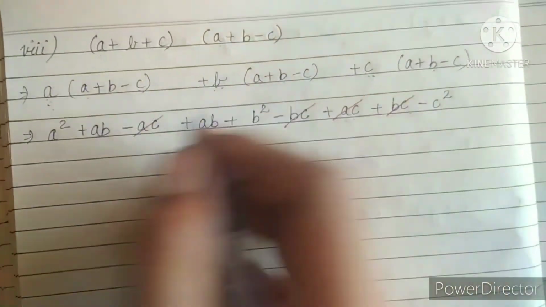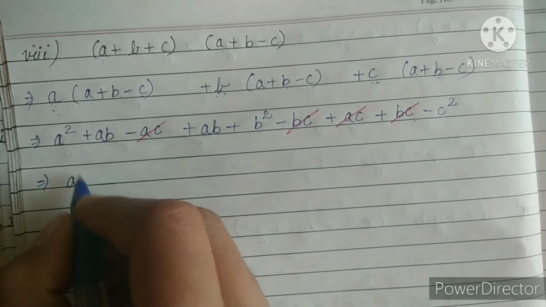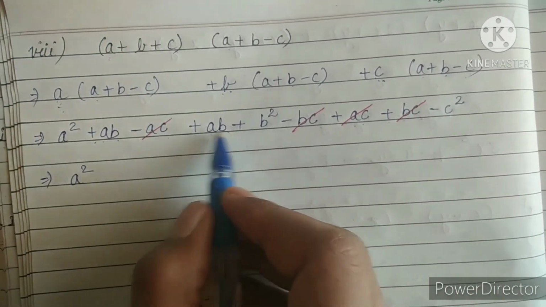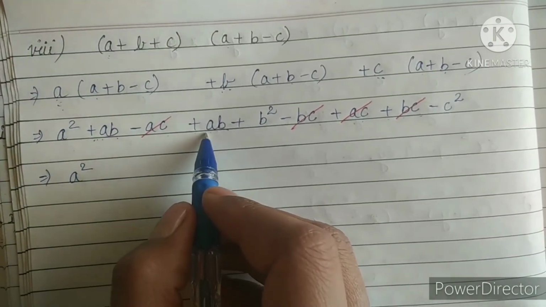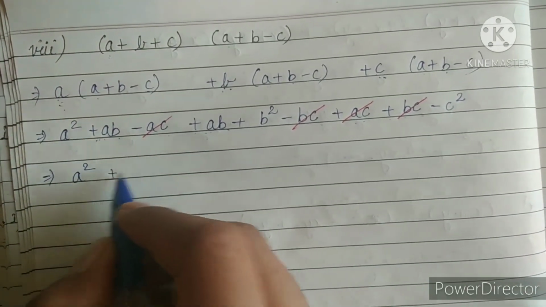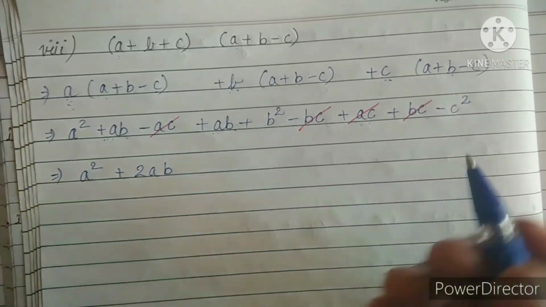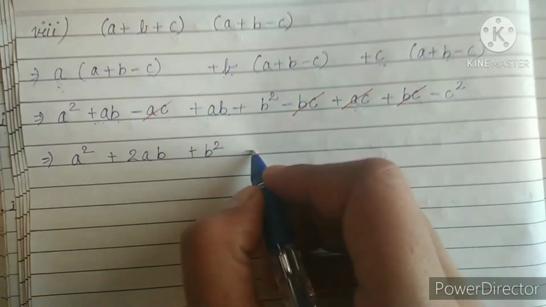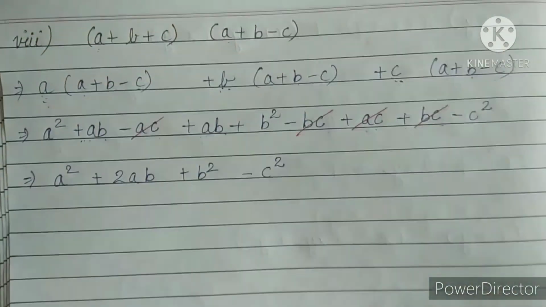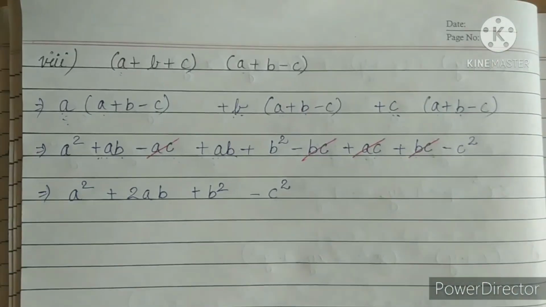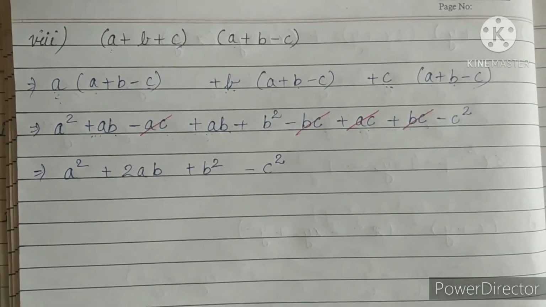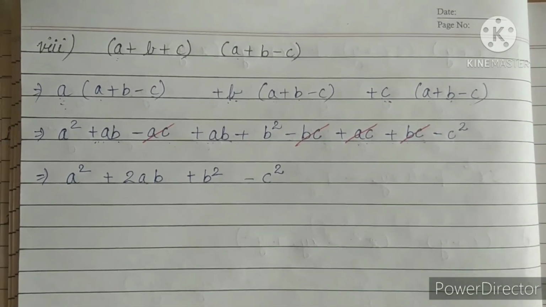The remaining terms are a square plus ab plus ab. One time ab, one time ab, so they give us 2 times ab, then b square, then minus c square. So here we completed our exercise of 8th class, which is exercise 9.4.